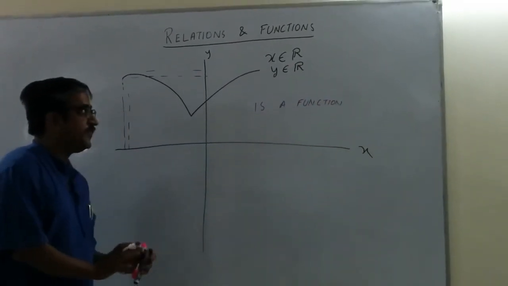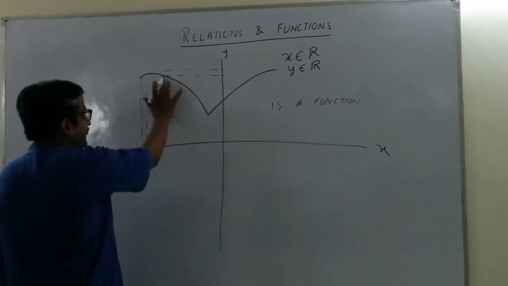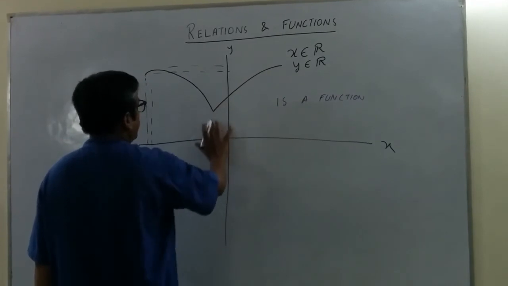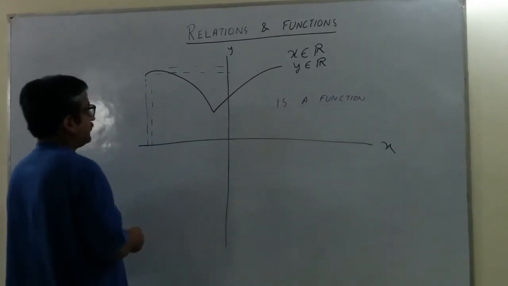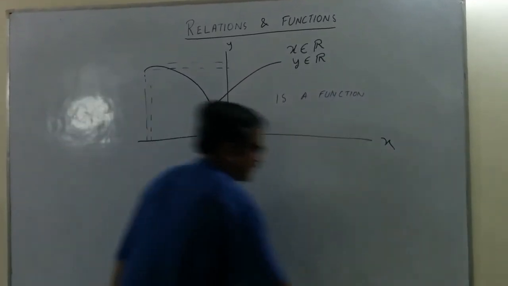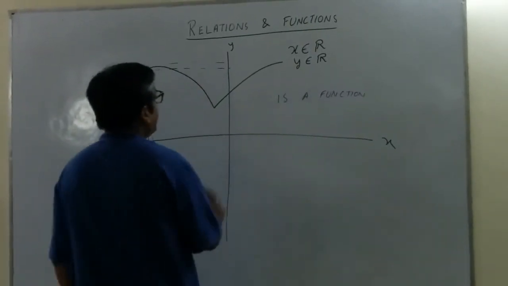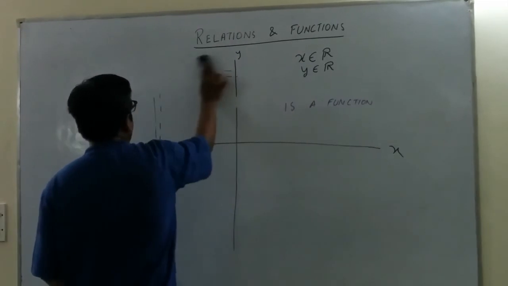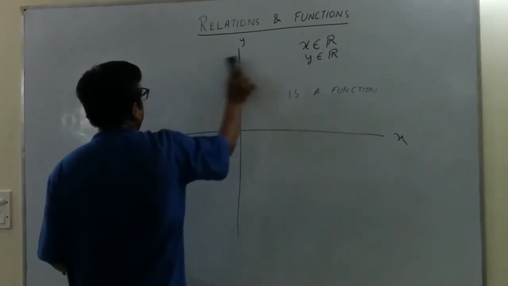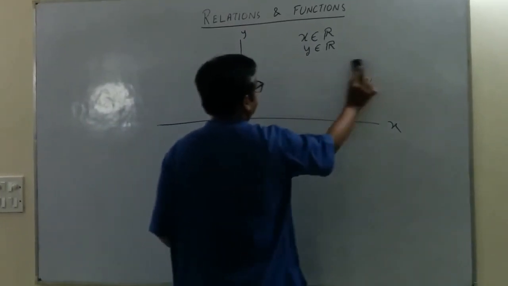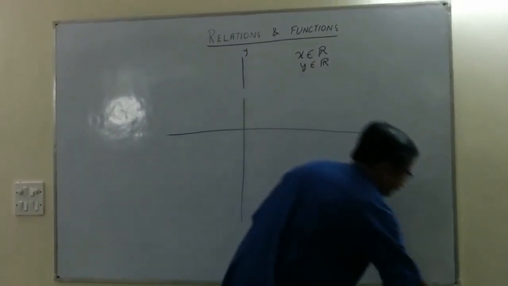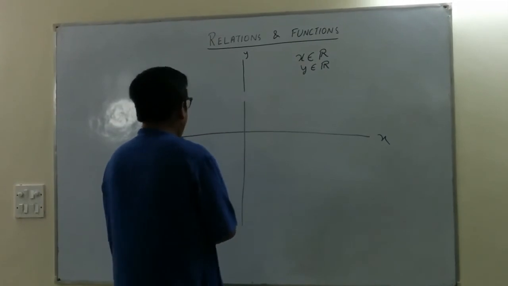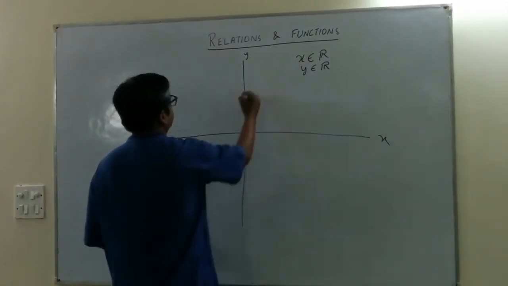Now please pause your video a little bit and convince yourself that at no point does a given value of x have two values of y. In case you are confused, I will give you another example.